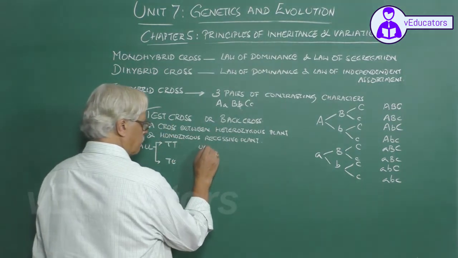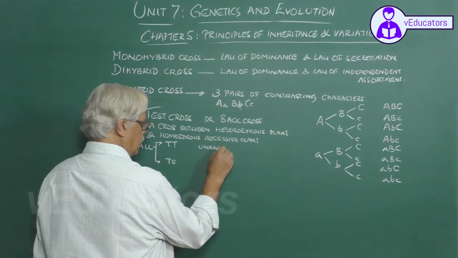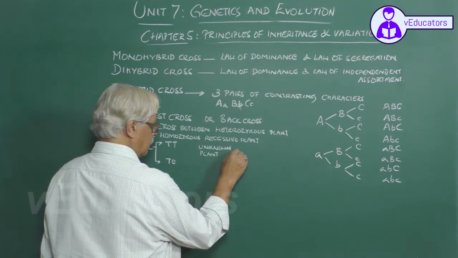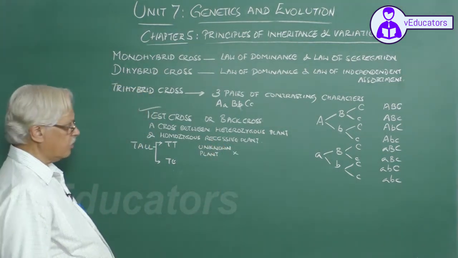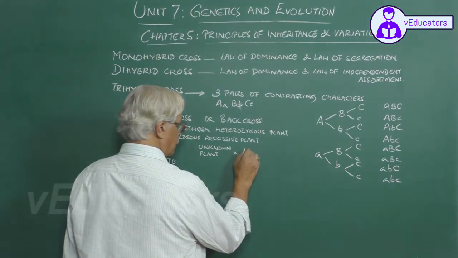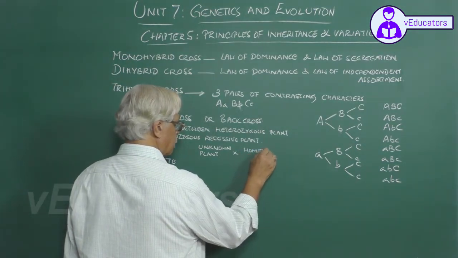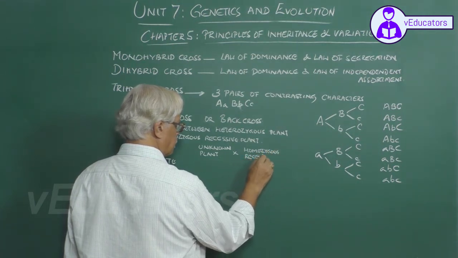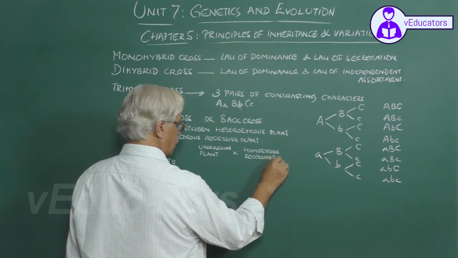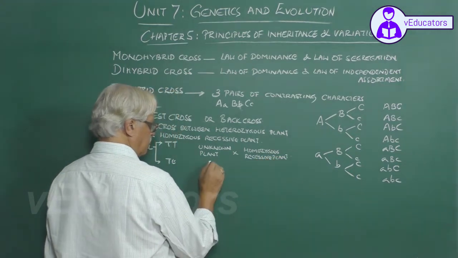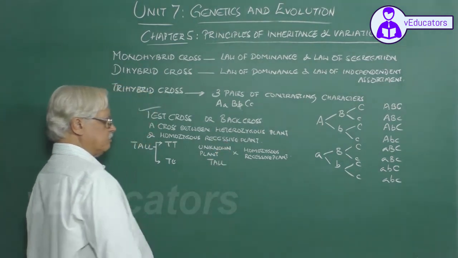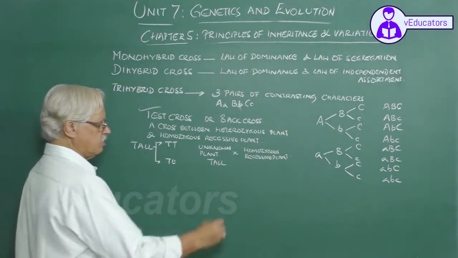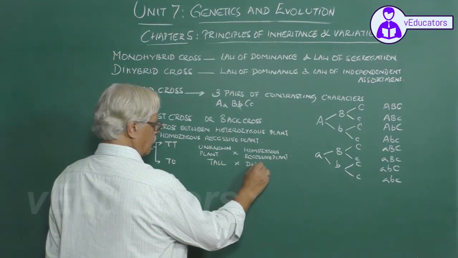So I will say, take the unknown plant and conduct a cross pollination with a homozygous recessive plant. So you have been given a tall plant, and you will be crossing it with a homozygous recessive plant, that is dwarf.